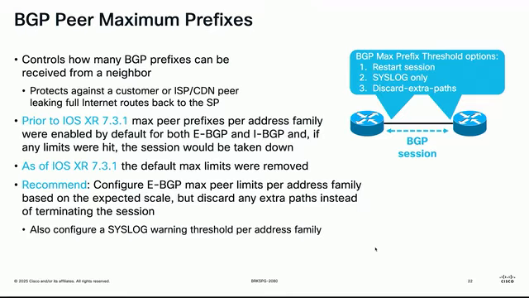Another very important BGP feature is BGP peer max prefixes. It allows us to set a limit on the number of prefixes which a router should receive from a peer. It's highly recommended that you make use of this feature, especially if you're peering with an untrusted peer, who can flood you and send more internet routes to your device than what your device can handle.